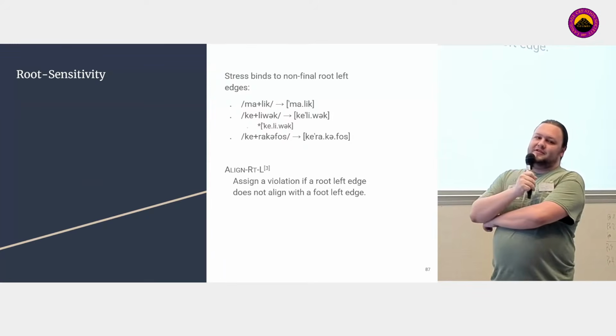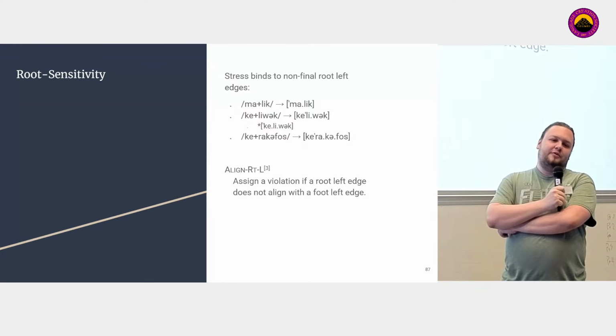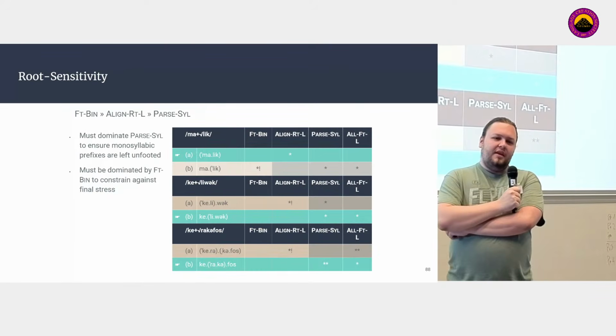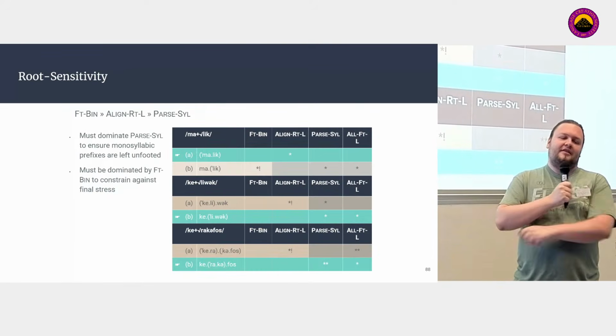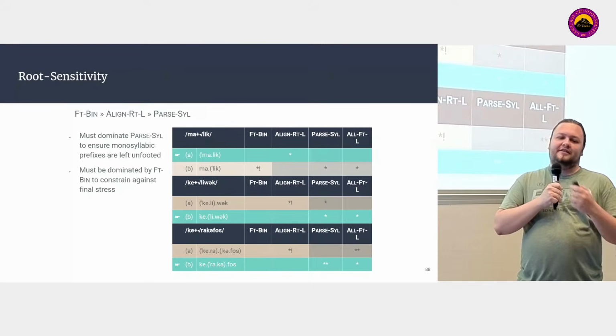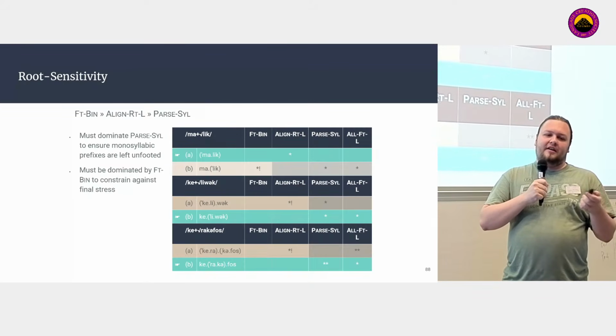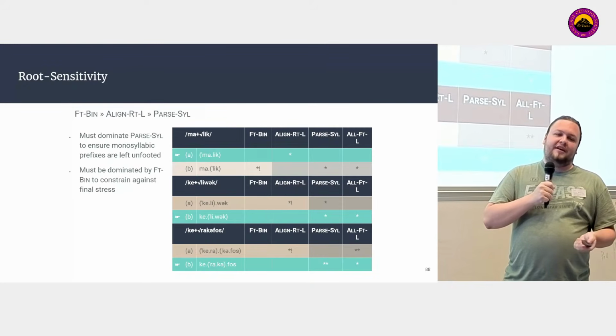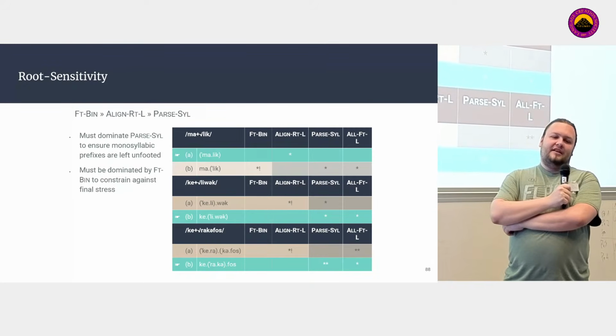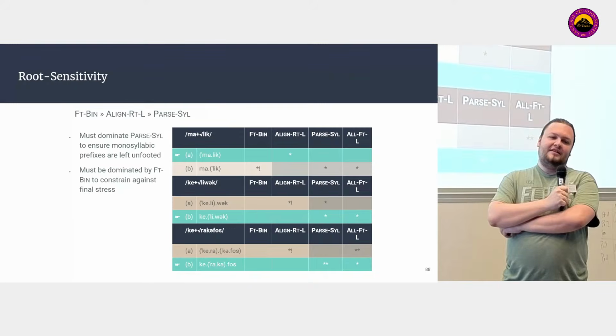So with the word examples here, Malik, you would try and have a foot on just lik because that's the root, Keliwuk on just liwuk, etc. This specifically has to rank below foot binarity because we don't get Malik, we still get Malik. So foot binarity is stronger than align root left, but align root left still leaves syllables unfooted, so it is stronger than parse syllable.